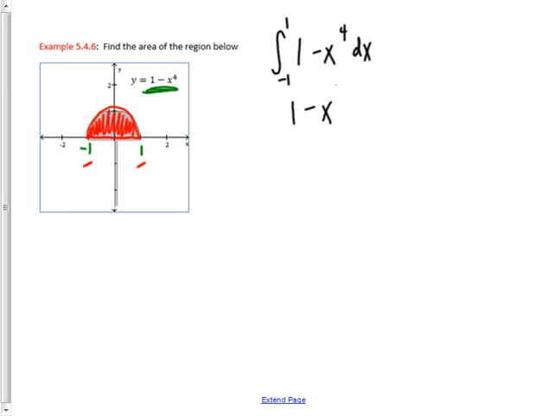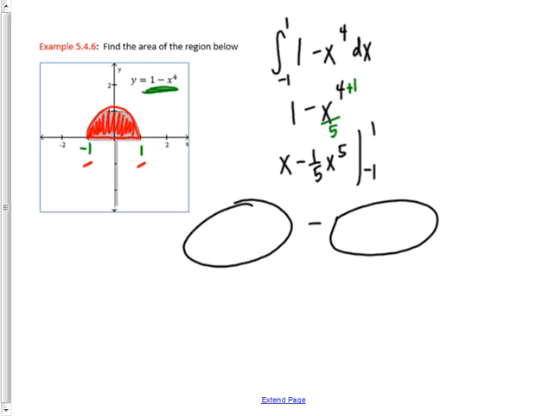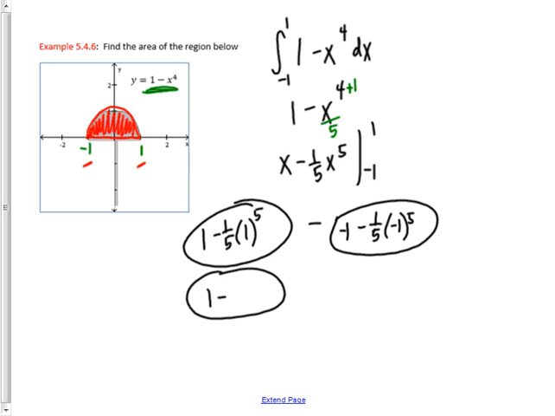Alright, so if I integrated this, integrating a 1 is just an x. And here, if I add 1 to it and divide by it, I get minus 1/5 x to the 5th. And I want to go from negative 1 to 1. So that's 1 minus 1/5 times 1, and a negative 1 minus 1/5 times a negative 1 to the 5th. Oop, I forgot my 5th here. Alright, so that becomes 1 minus 1 to the 5th power is just 1 times negative 1/5.